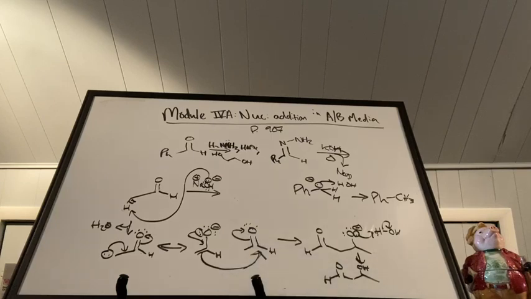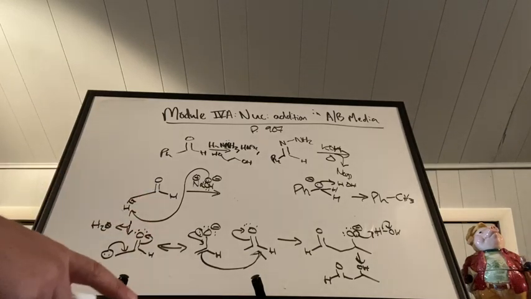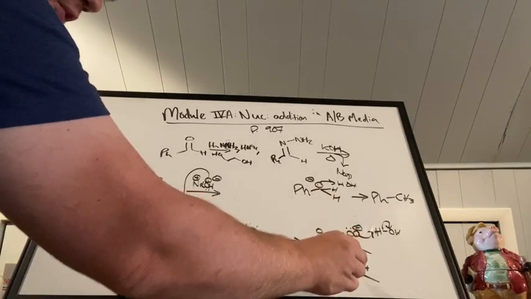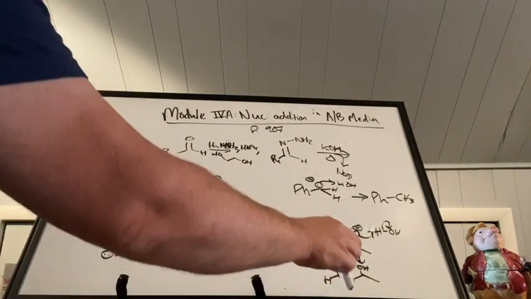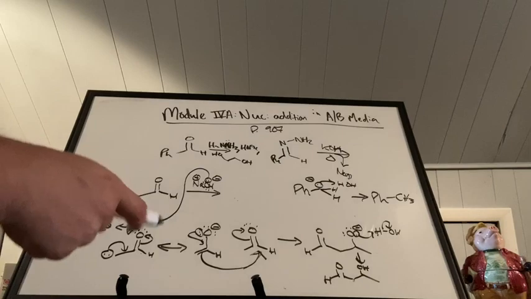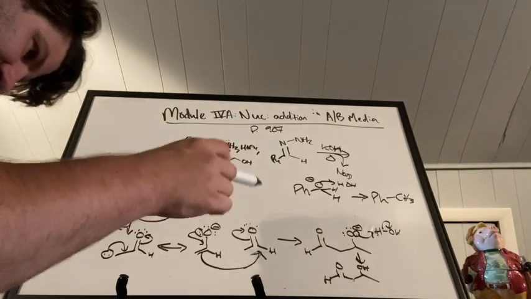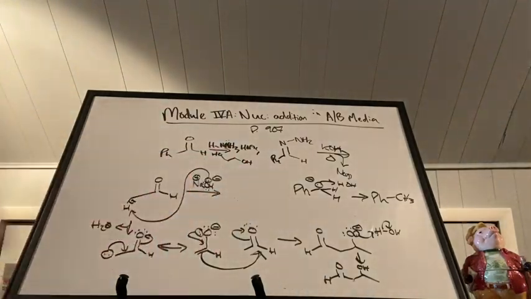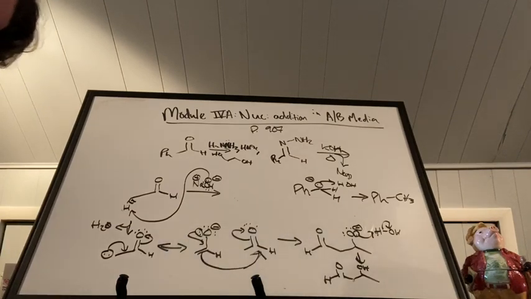Now, there are some cases in which conjugation will drive this OH and then this hydrogen right here to become dehydrated. In other words, there's going to be a certain type of mechanism that's going to drive that, which is referred to as E1CB. So that means elimination unimolecular conjugate base.